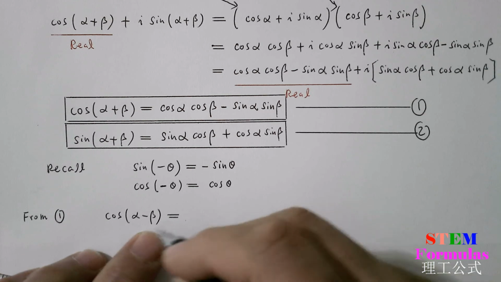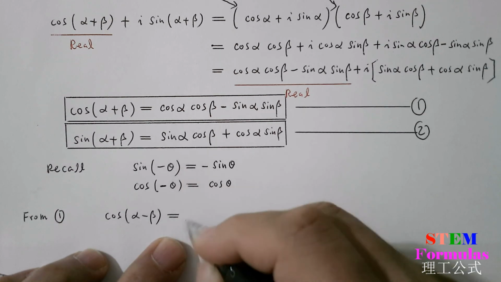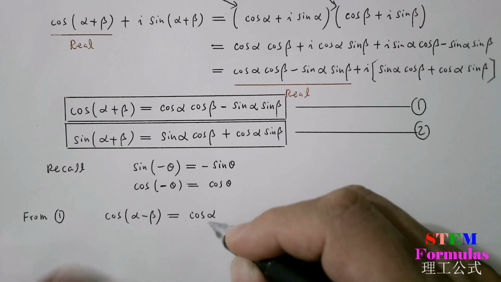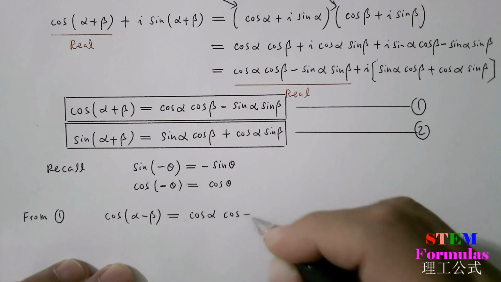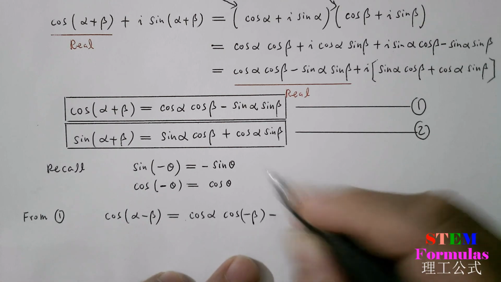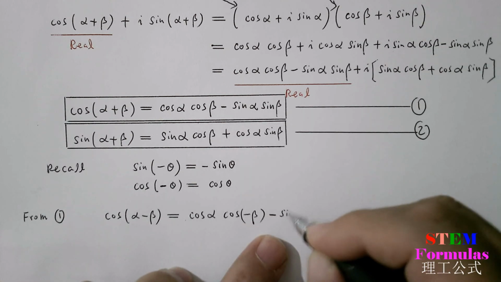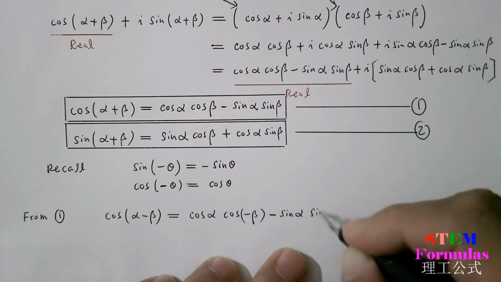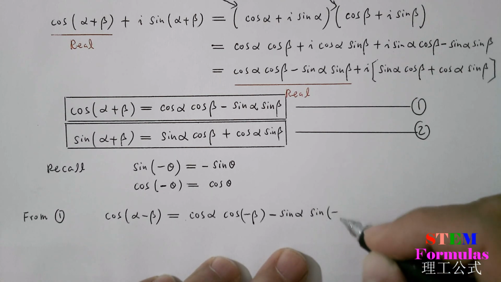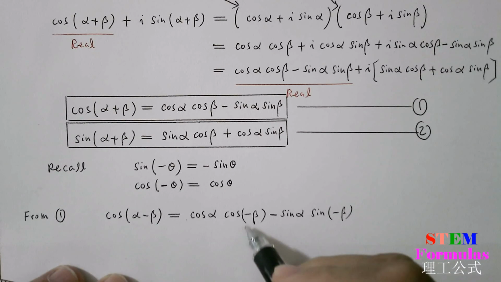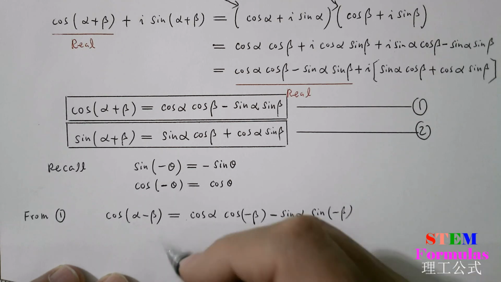So I have cosine alpha cosine minus beta, minus sine alpha sine minus beta. Then this is the even function and this is the odd function.